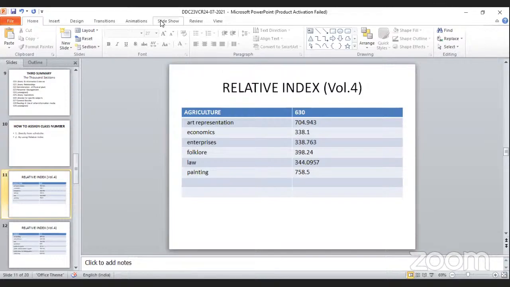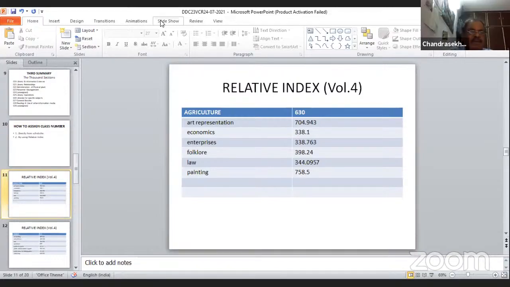Okay. So the relative index contains the subject terms arranged in alphabetical order, but sub-aspects of a particular subject area are listed again in alphabetical order relating to that particular main word. For example, here I have given agriculture 630.